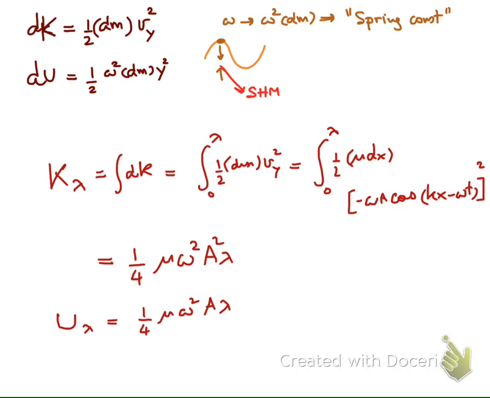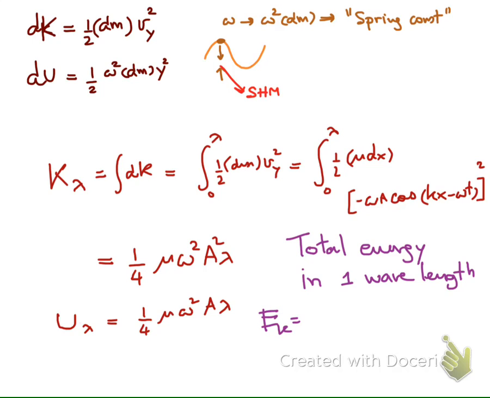The total energy of the wave in one wavelength is thus E lambda, which is equal to K lambda plus U lambda, which is equal to half of mu omega squared A squared lambda.